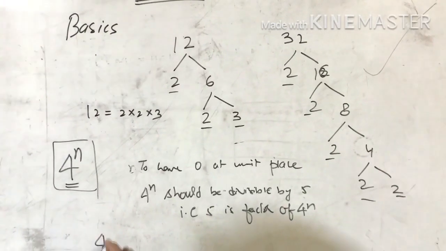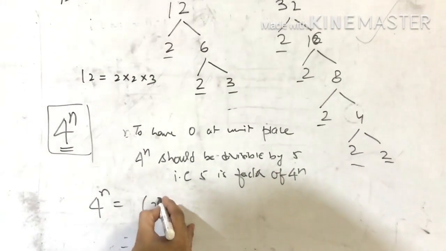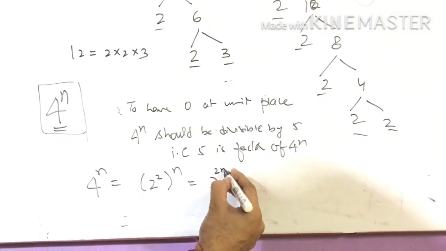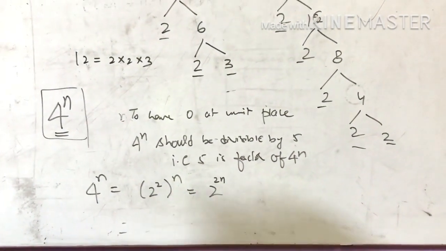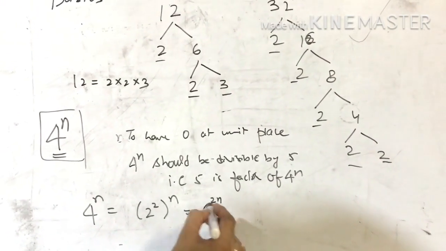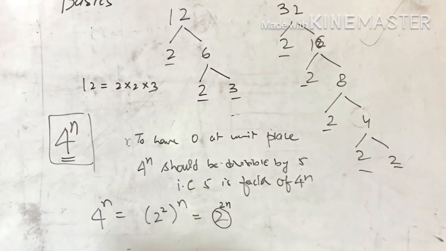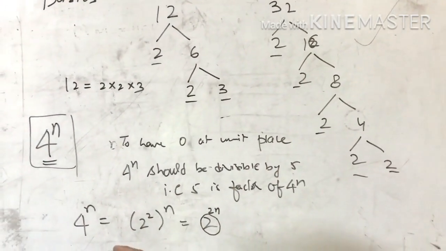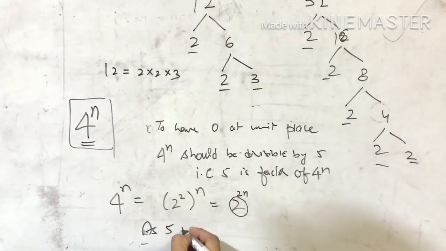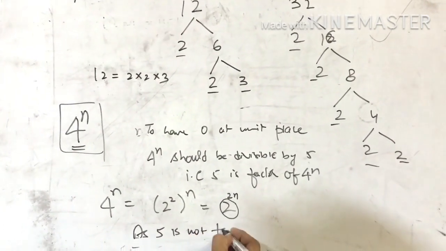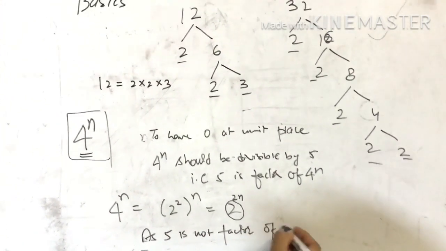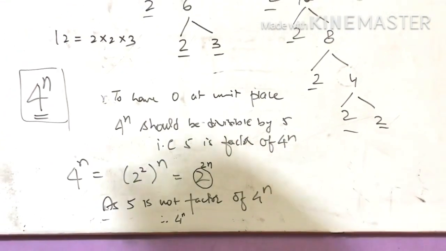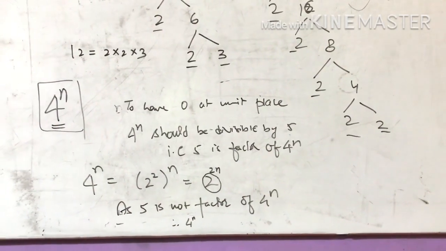Now let's do it. 4 to the power n is equal to, you can write 4 is equal to 2 squared, so 4 to the power n is 2 to the power 2n. Power raised to the power means 2 to the power 2n. Can you see 5 here? No. You can only see that 2 is the factor here. There is no factor of 5. So when 5 is not a factor of 4 to the power n, 4 to the power n can never end in 0 at the units place.